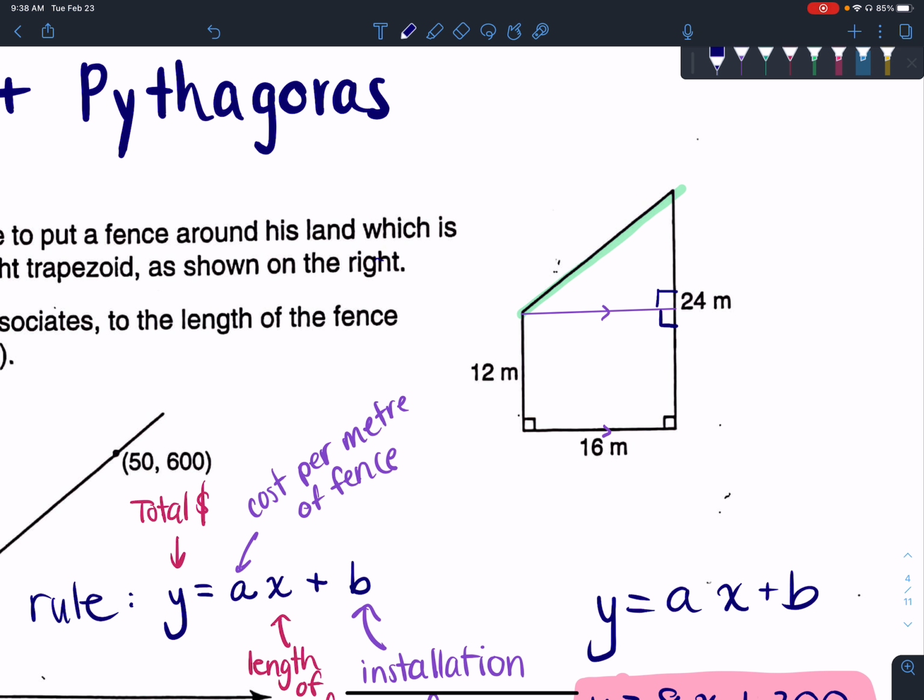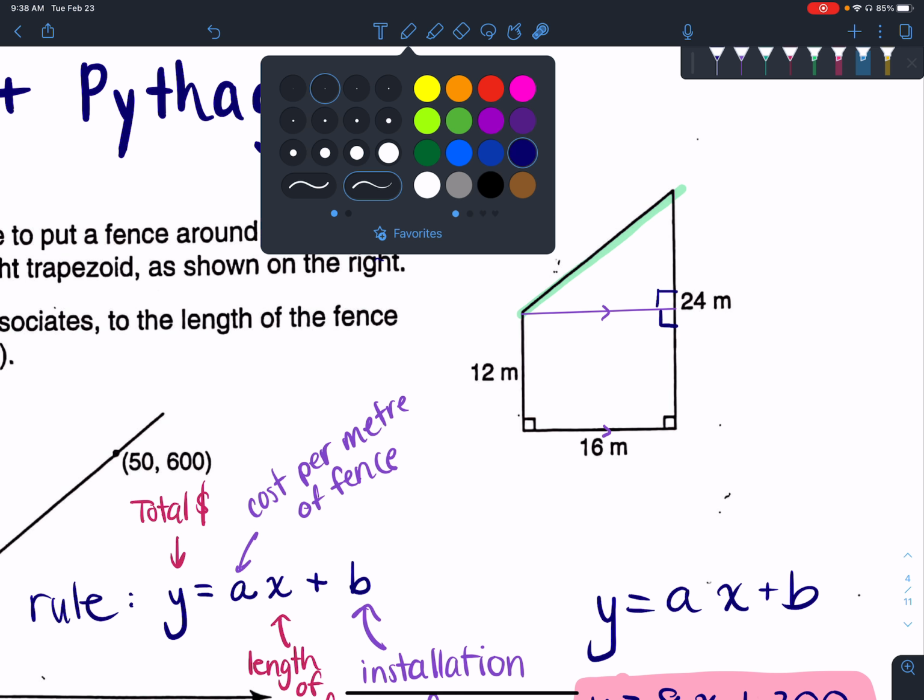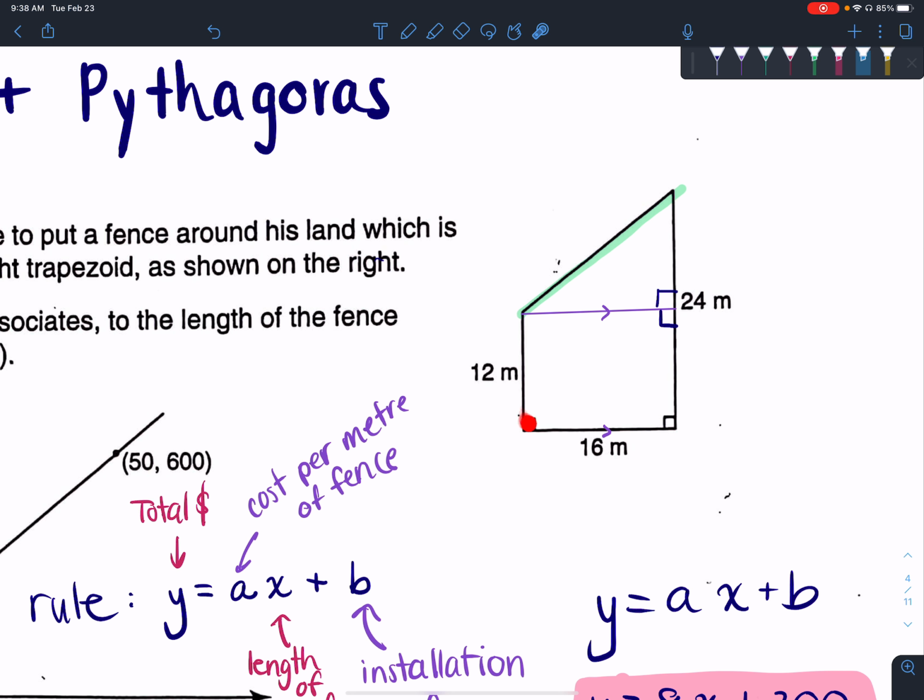Now you need to fill in what you know about this triangle, since this is the triangle you're using. Over here, since this is a rectangle, this side will be of the same length, so 16. And again, because this is a rectangle, this side here will be of the same length, so that will be 12.